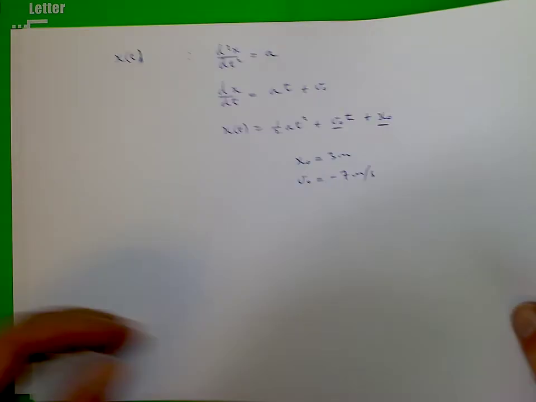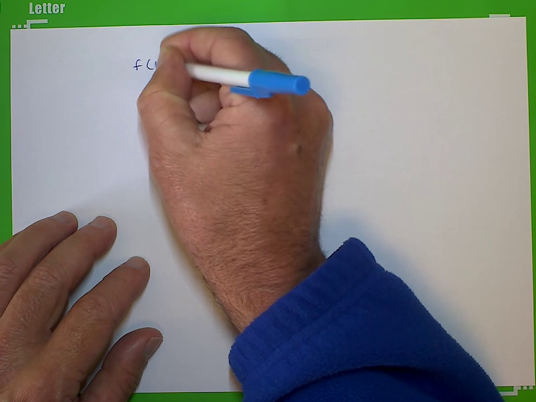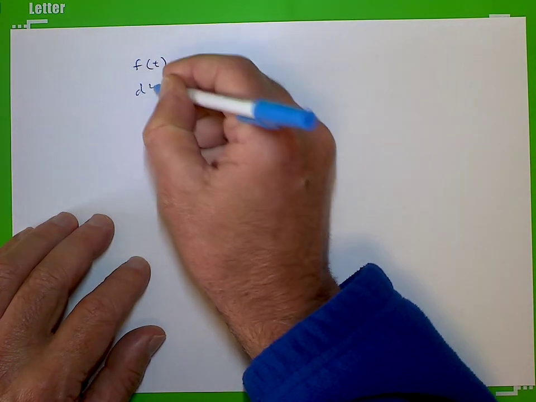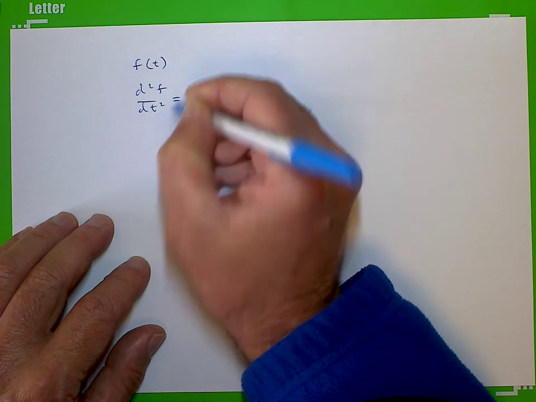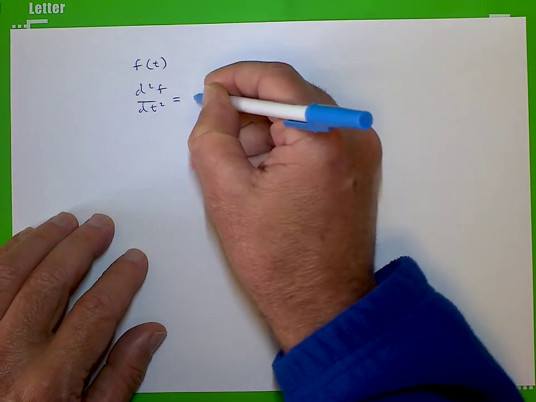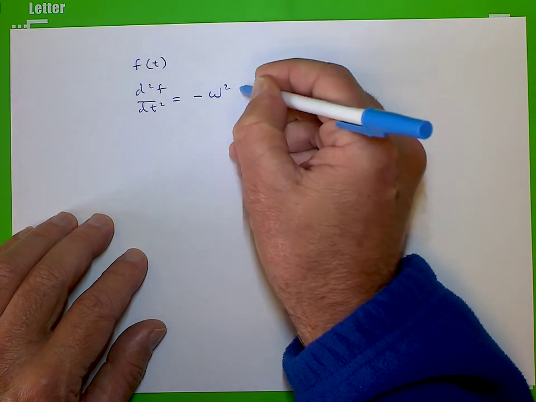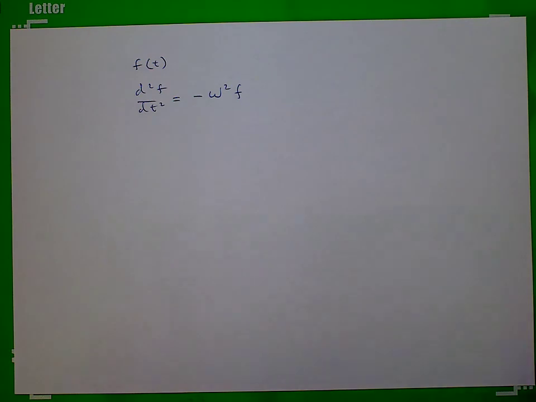One last level of complexity. Let's say we've got a function f of t, and we've got d squared f dt squared, not a constant, but equal to minus omega squared f. Now, I'm not going to ask you to solve this.